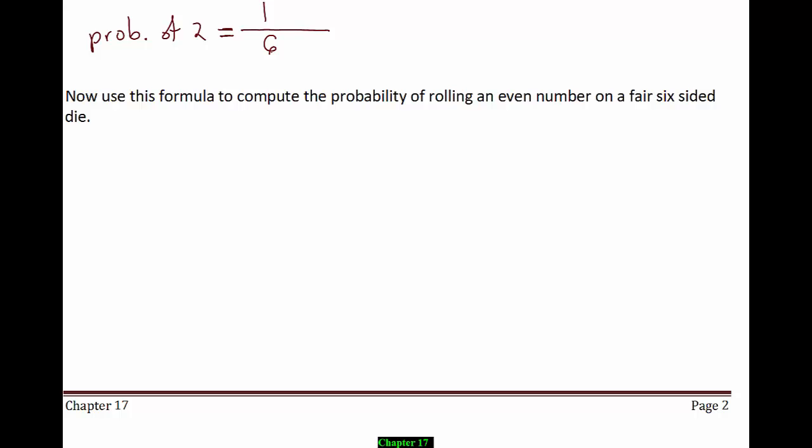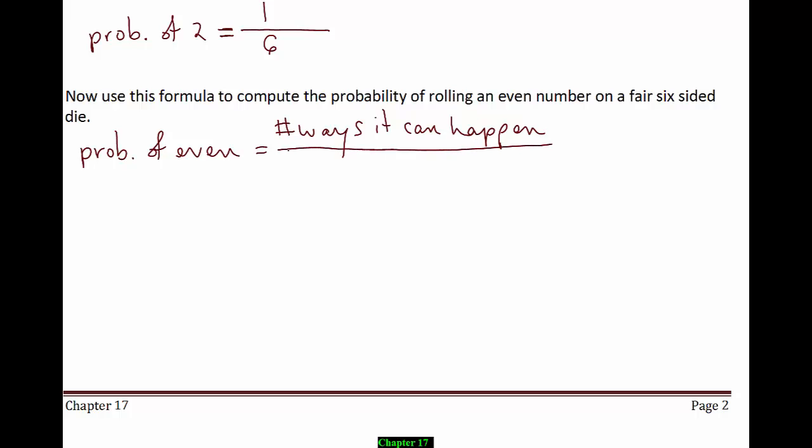Now we're going to use this formula to compute the probability of rolling an even number on a fair 6-sided die. So the probability of an even number, remember, is the number of ways it can happen divided by total number of outcomes.